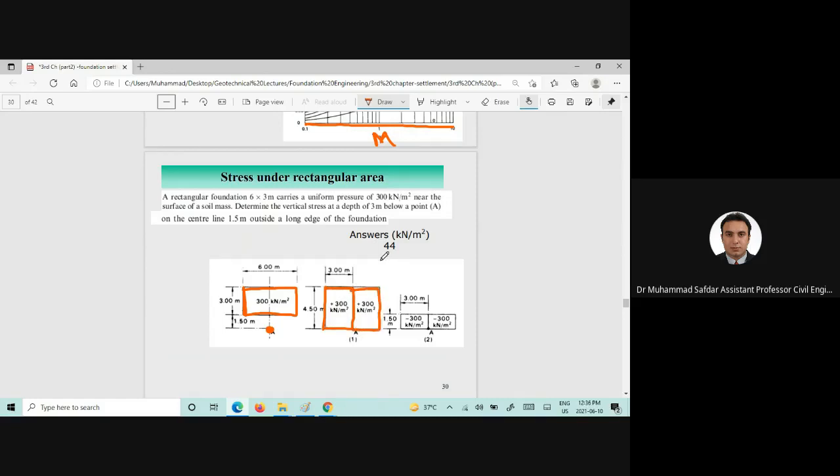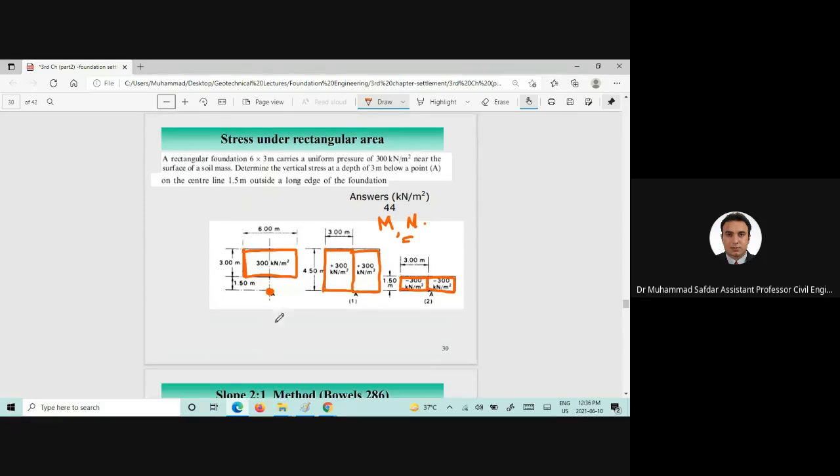We will find out the M value and N value, and then you will again find out for this particular area, which is the increased area, the stress increase for the rectangular area using the Boussinesq method. Delta sigma is equal to Q naught into M into I sigma. So this would be the delta sigma for this.